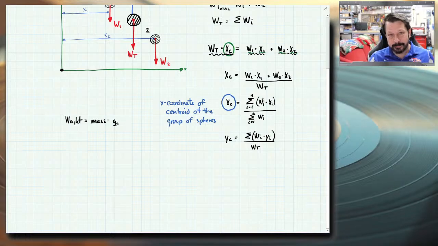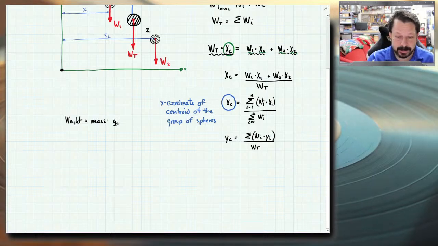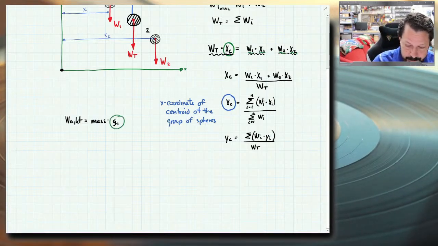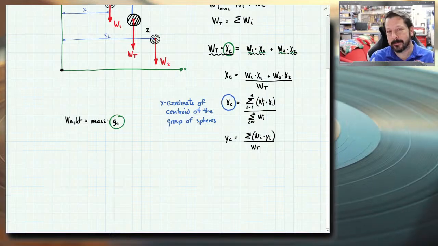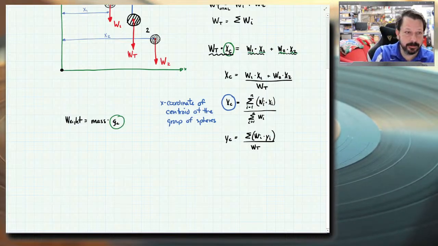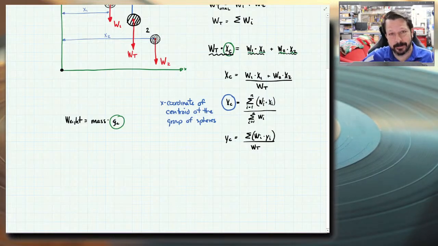In practice, pretty much anything you design engineering-wise is going to be in a constant field of gravity. So you're not going to really have to worry about one end of your part being in a 9.81 meters per second squared acceleration from gravity, and another end of the part being in a different acceleration due to gravity.